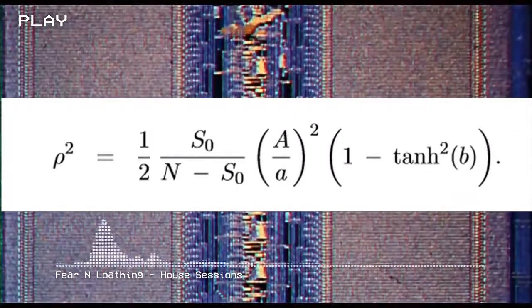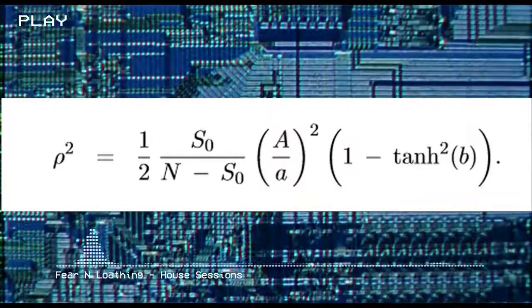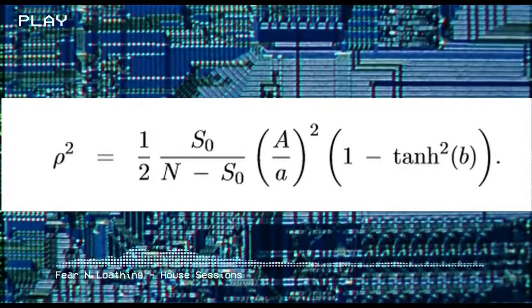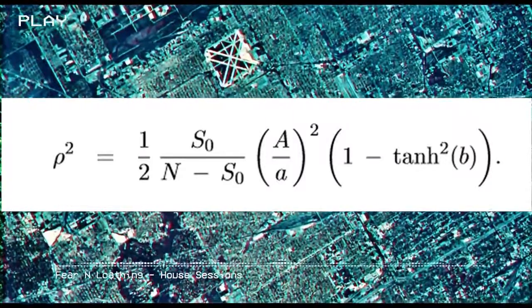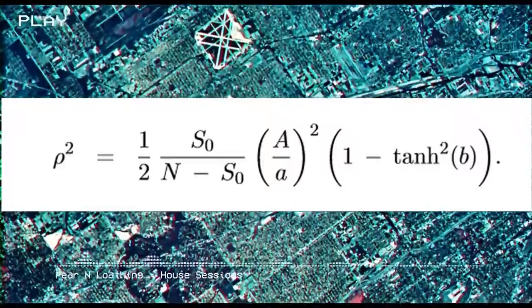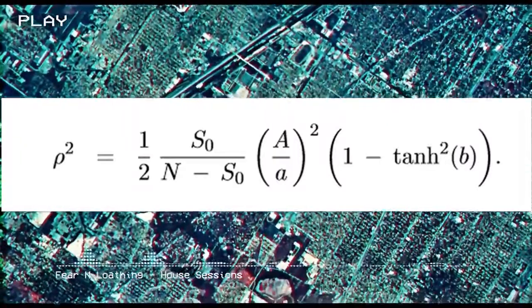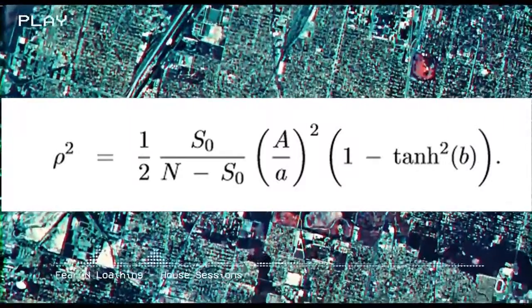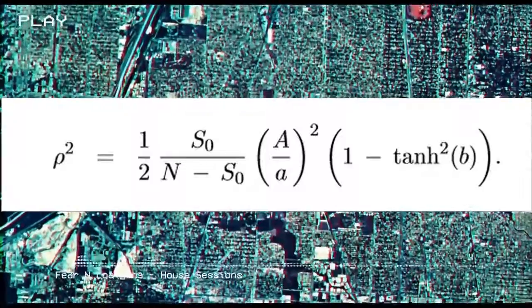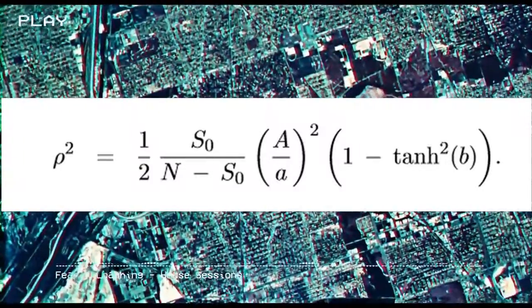So now, using our new definitions and some calculation formulas, we can have this data to calculate the critical value ρ. As you can see, ρ squared is equal to one half of s0 divided by n minus s0, a big divided by a small, squared, and then 1 minus the hyperbolic tangent squared of b.